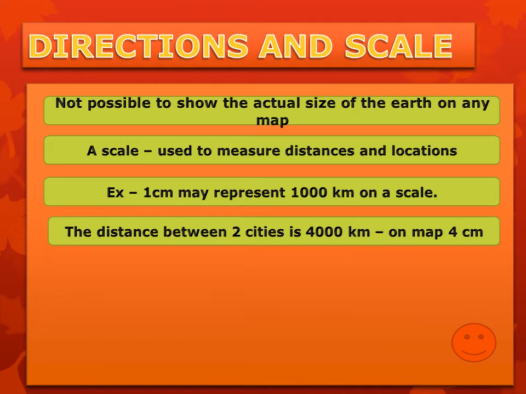So here you have now the distance between two cities is 4000 kilometer. So if the distance is 4000 kilometer, on map it will be 4 centimeter. So like this scale is used in the map so that the actual distance or location can be measured.